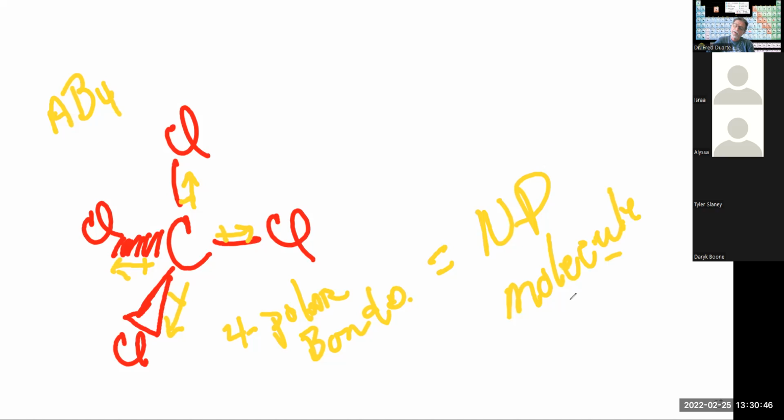Okay, because all these four bonds with respect to the polarity cancel out. Okay, now, if I were to take one of those chlorides and replace it with, I don't know, hydrogen.